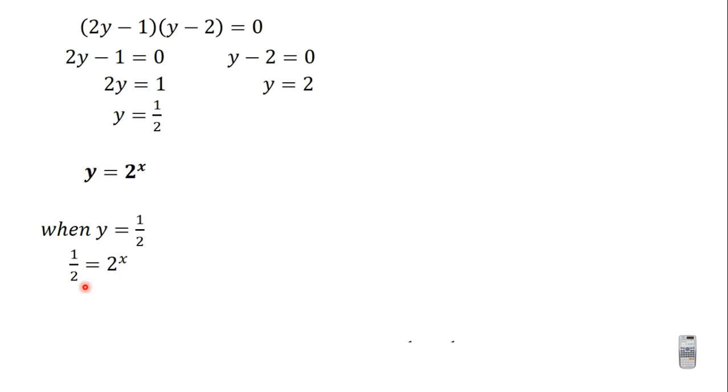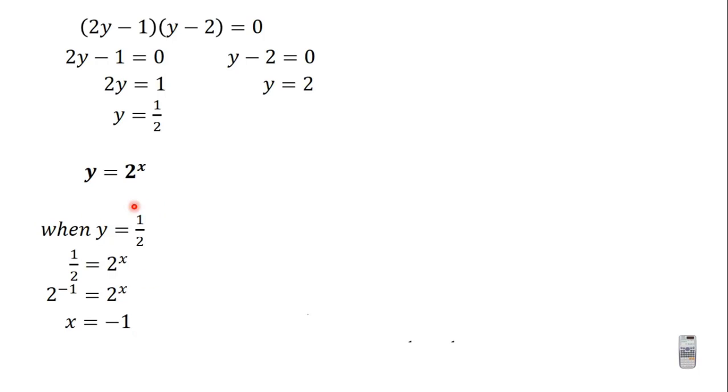From the video on properties of indices, we learned that 1 divided by 2 can also be written as 2 exponent minus 1. So 2 exponent minus 1 is equal to 2 exponent x. We have the base on the left hand side as 2, the base on the right hand side as 2. So you can equate the exponents and say that x is equal to minus 1.